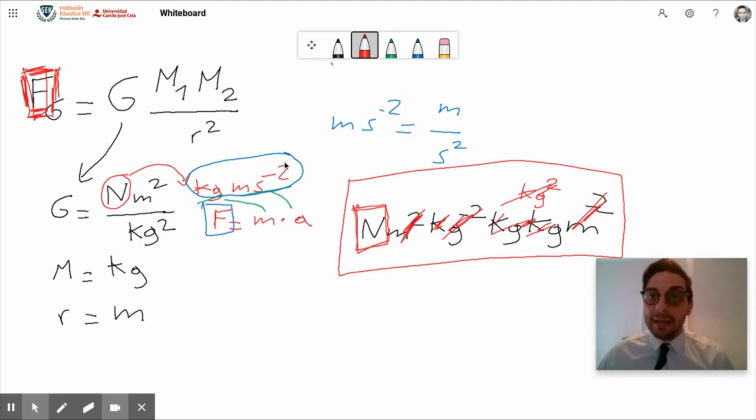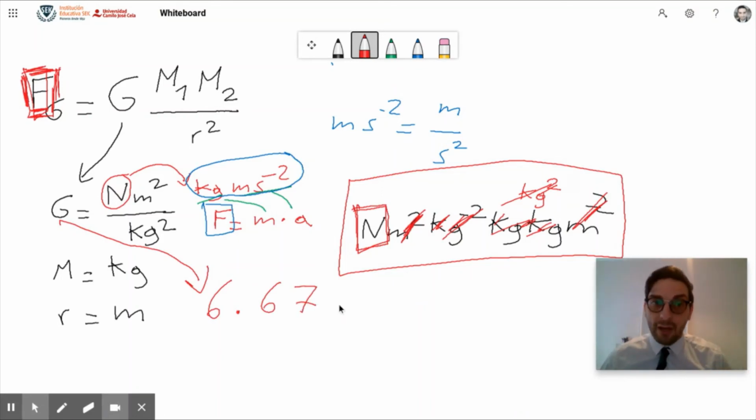Things we have to keep in mind. We need to learn the unit of the constant. This is the gravitational constant. And it's always the same. When it's a constant, it means it never changes. The unit will always be this. Okay? It has a number. The correct number of the gravitational constant is 6.67.